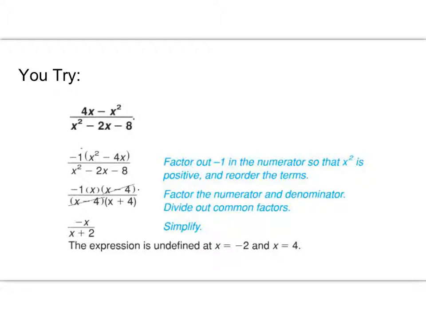And in the denominator, you get x minus 4 times x plus 2. This is wrong. That should be a 2. And you would get x minus 4 over x minus 4 here. And you should be left with negative x over x plus 2. It's undefined at either of these points, whether they're canceled out or not. And so that would be x minus 2 and x plus 4.